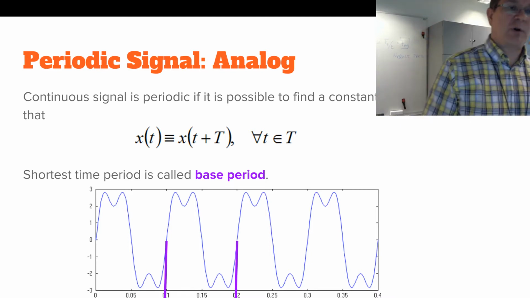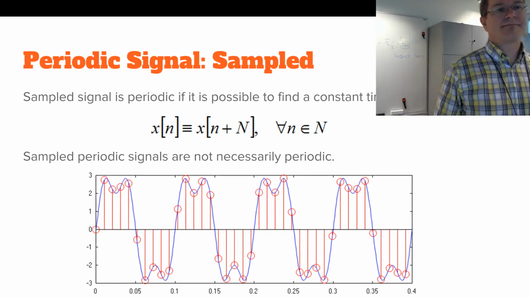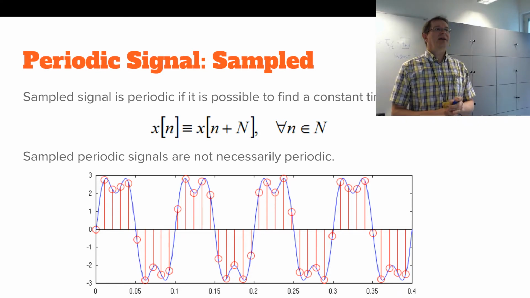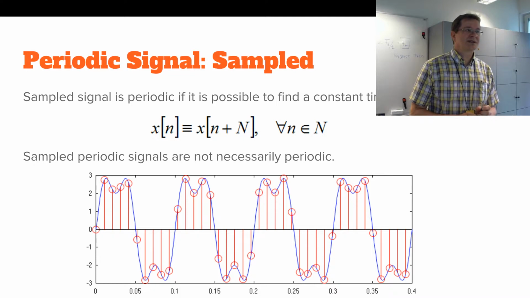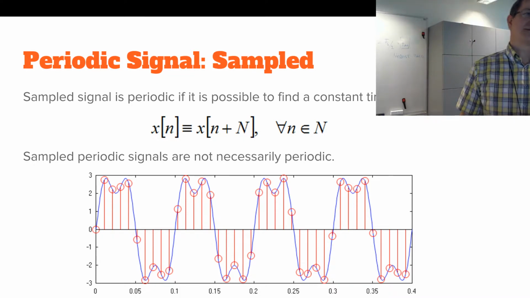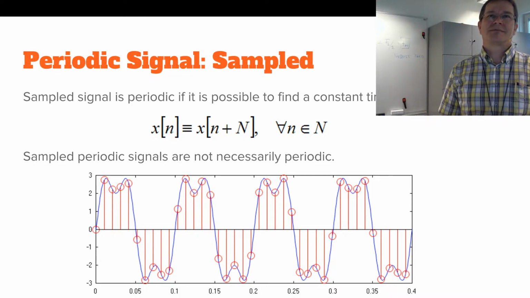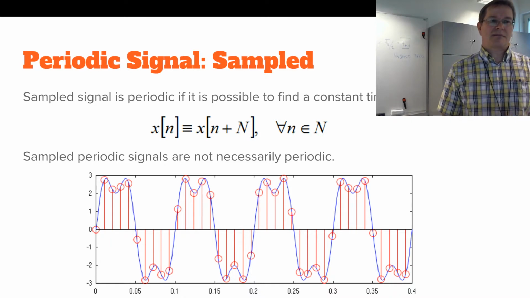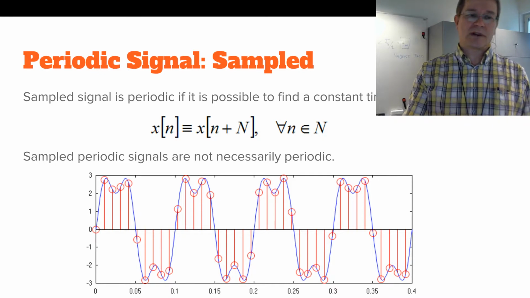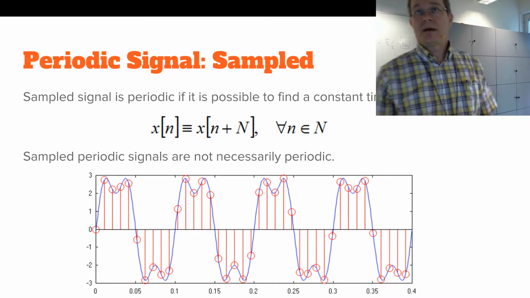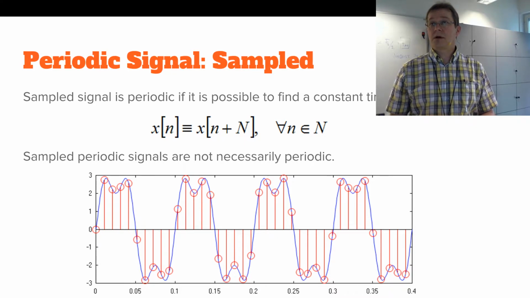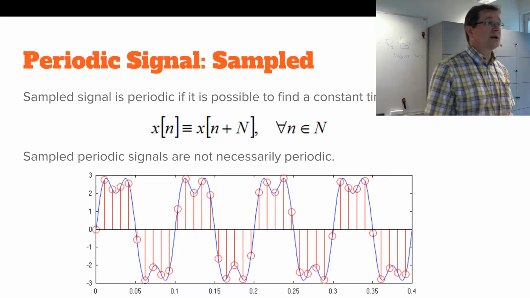However, when we are doing sampling, we have to find an index, which is an integer number, to do the same thing with the sampled signal. And then what happens is something like that. Down in that picture, first of all, it's not necessarily the same base period anymore.